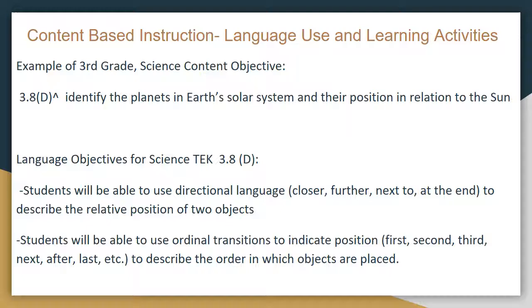And it's important that students understand those transitions because once again, they're having to describe the order that objects are being placed. And if they don't understand the terms first, second, third, and fourth, they will not understand the science content of that lesson because they'll be confused about the order in which the planets go and how they compare in terms of the relationship to the sun.